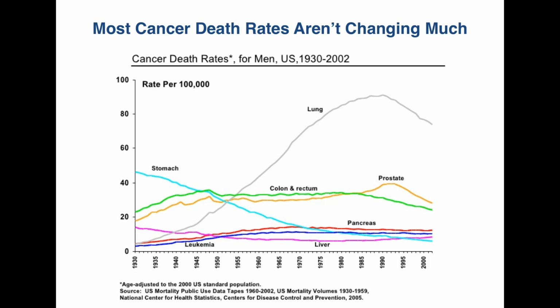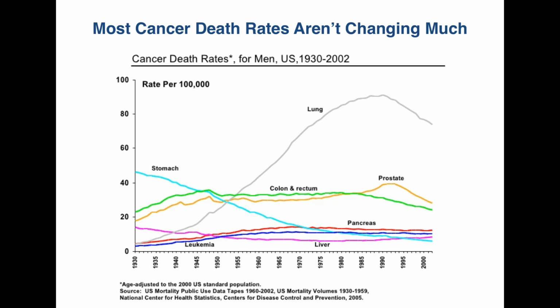So using something like this graph, which you've seen before, can be really impactful. This graph, like I said many times before, shows the cancer death rates for men in the US from 1930 to 2002. And the reason I really love this graph in trying to make a very strong and efficient point that there's a need for more chemotherapies and more treatments for cancer is that this graph is showing you that for most forms of cancer, at least in men in the US, the survival rates haven't really improved very much, except for lung cancer.